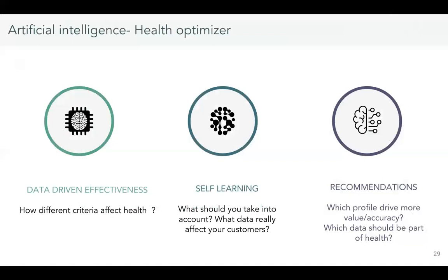And in addition, some out-of-the-box indicators that will provide you visibility to the effectiveness of the current health profile that you have. This will enable you making sure that whatever you're defining in Totango will have the right data and will actually enable you to predict what is a good health versus bad health.